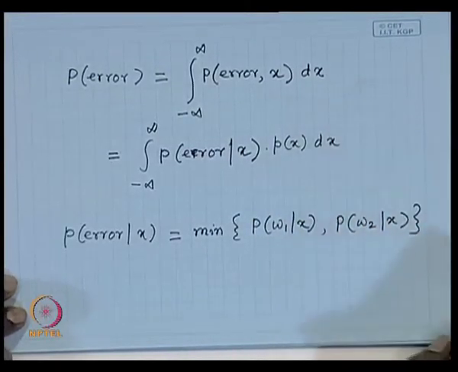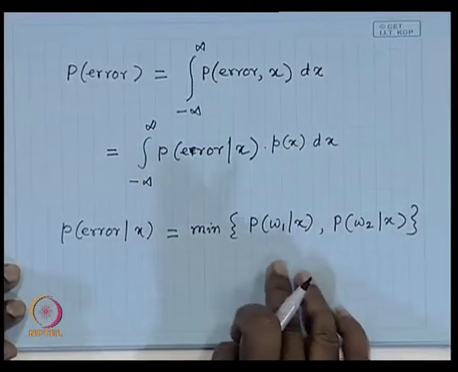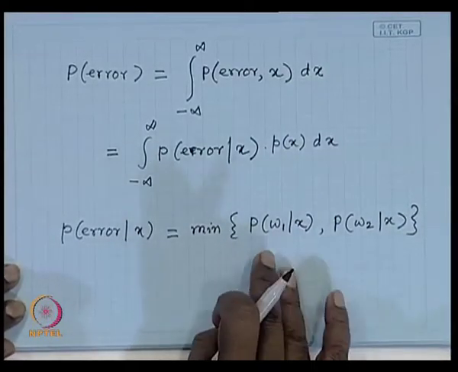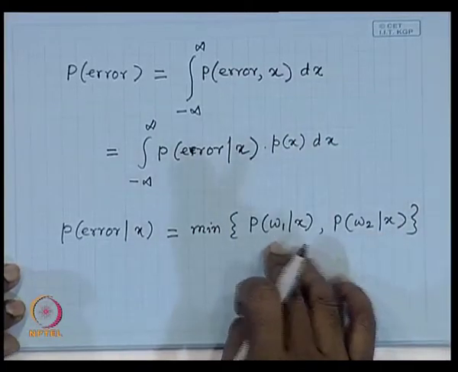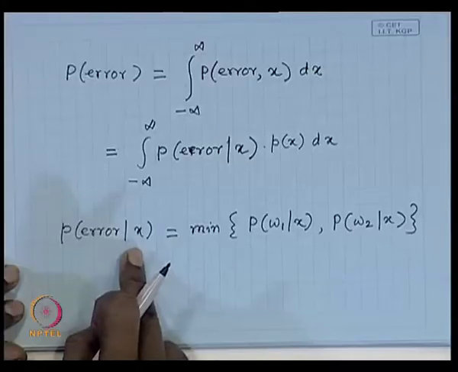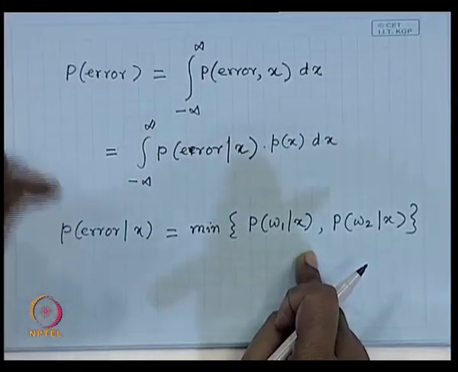So, for a particular value of x, whichever is minimum, whether it is p of omega 1 given x or p of omega 2 given x, p error given x is that only, because I am taking the decision in favor of the other class. Okay. So, let us stop here today.